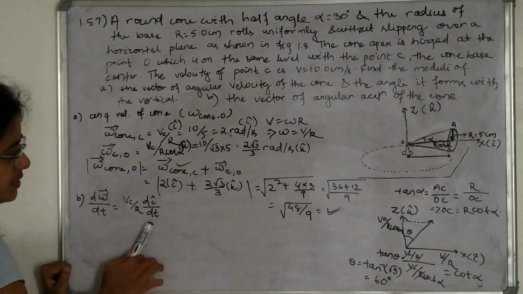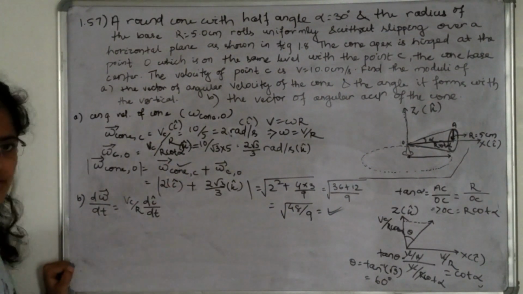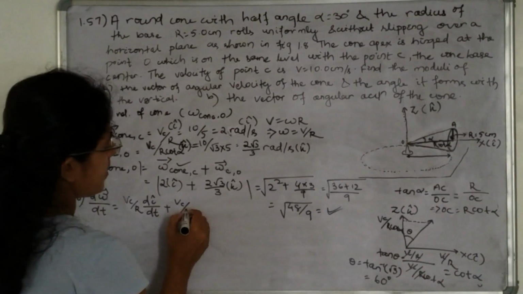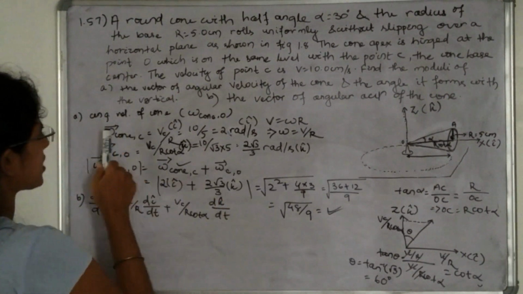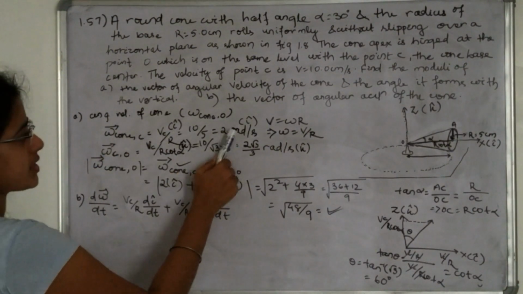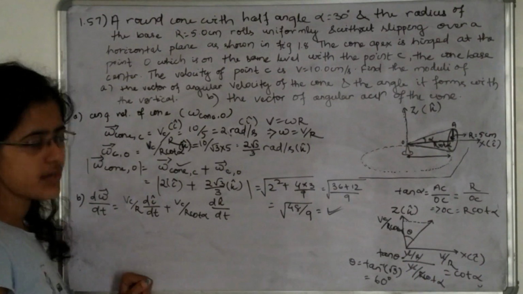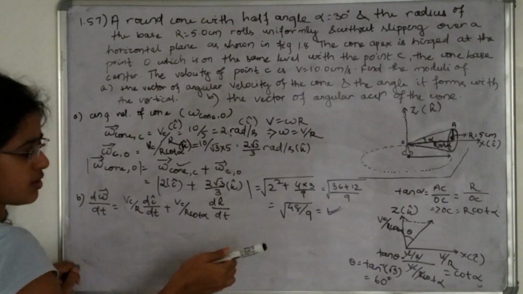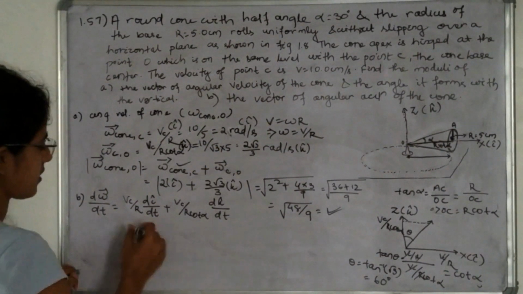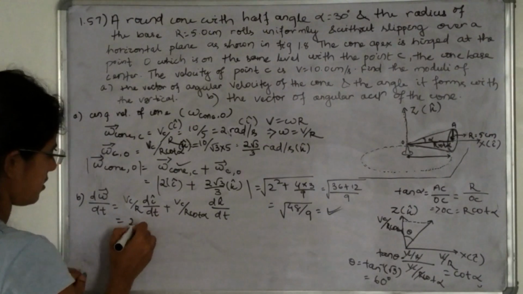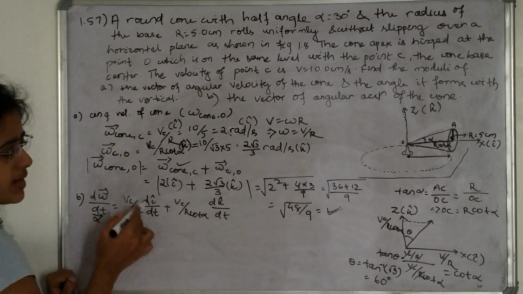Only we have to take this value because Vc by R and Vc by R cot alpha are constant, plus Vc divided by R cot alpha d k cap divided by dt, because you can see that this vector has magnitude and direction, and this vector also has magnitude and direction. Okay. So this direction is along the x-axis, and this direction is along k cap, the z-axis. So this is how much? Alpha vector will be 2 into d i cap divided by dt.